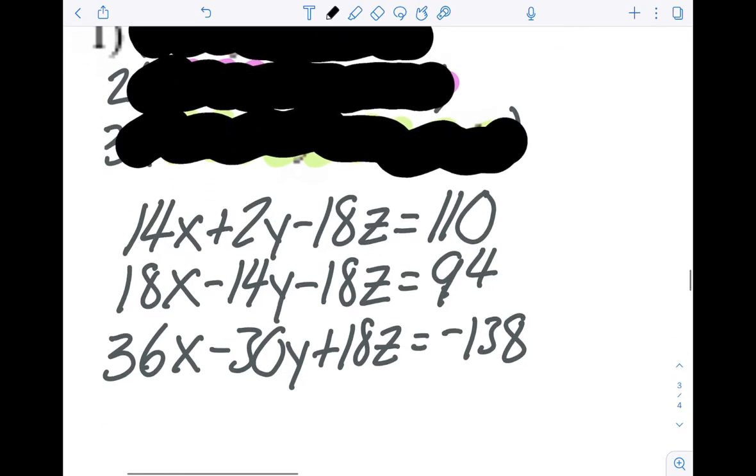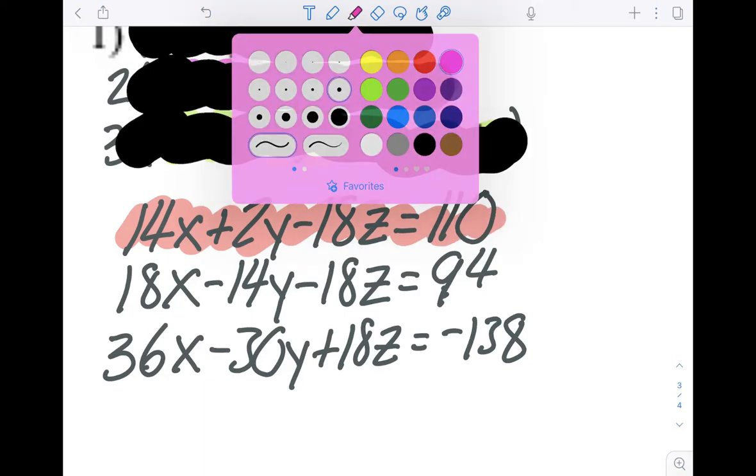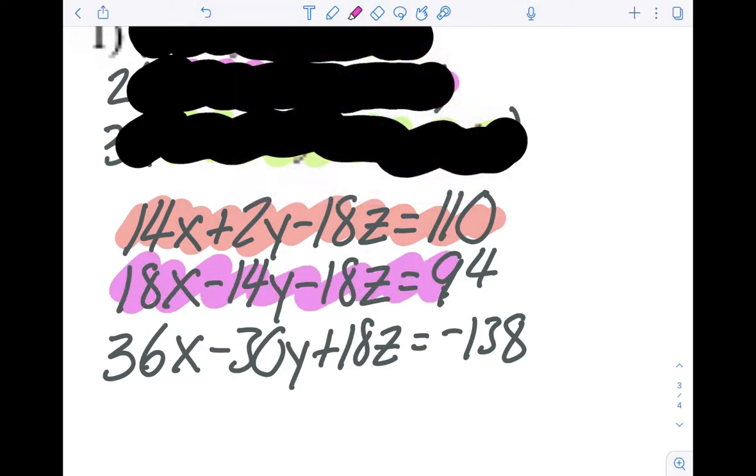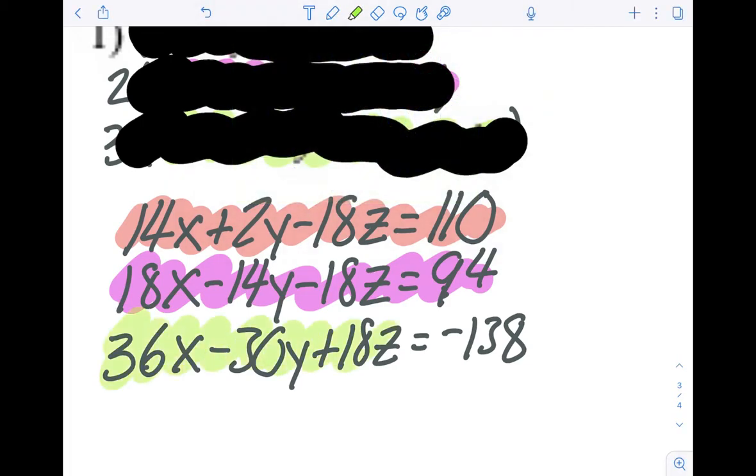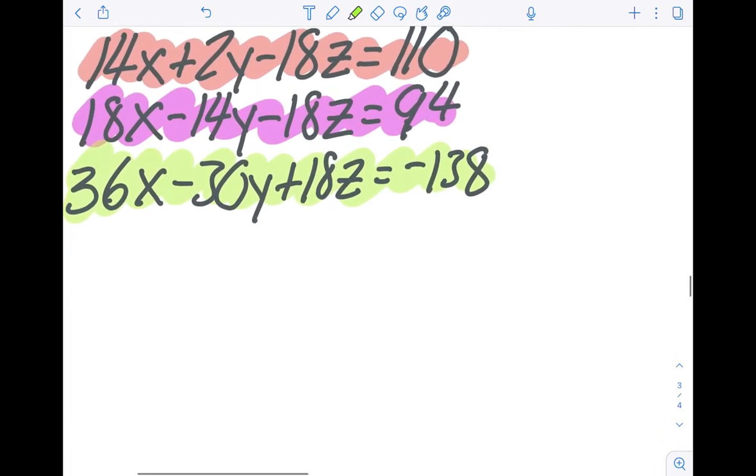I made a whole new red, pink, and green. Look at that. I have a whole new red, pink, and green. Right? I made new ones.